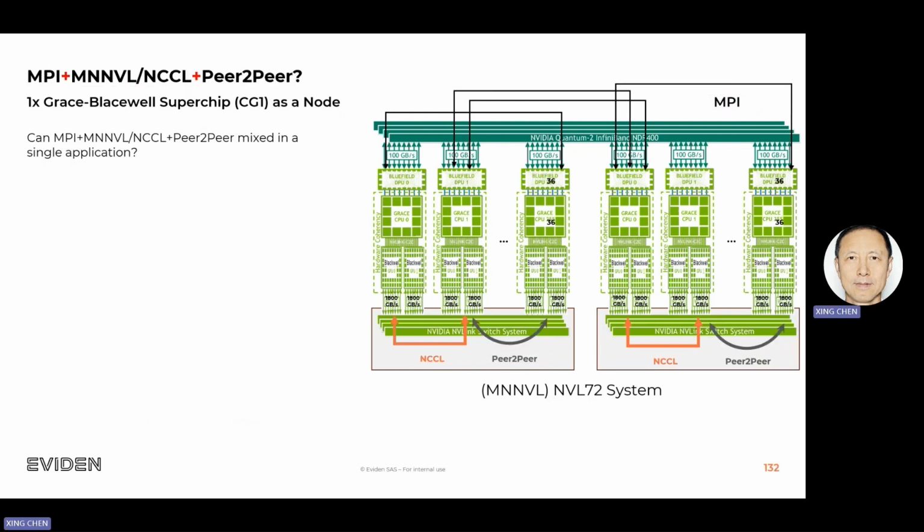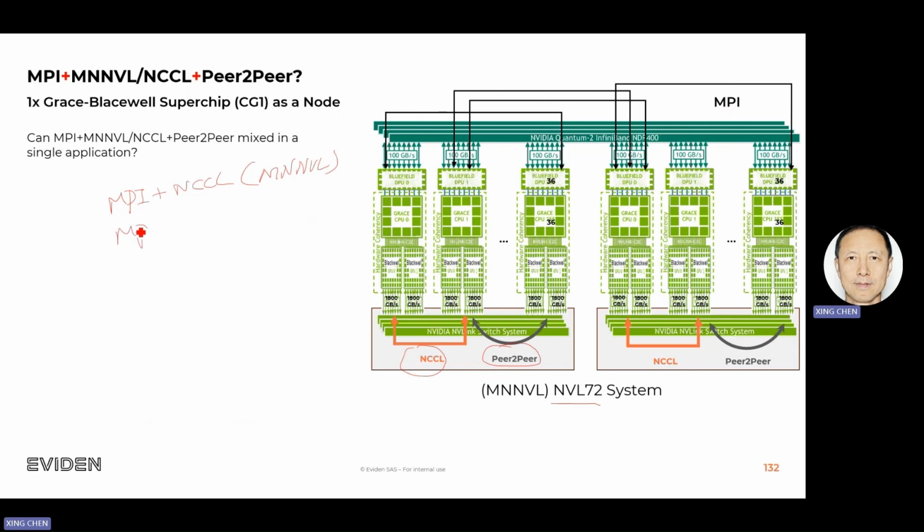The last point, the last question, is just a question. So we can run NCCL within the NVL domain, this NVL72 domain. We can have peer-to-peer memory access. So we can have MPI plus NCCL as one programming model.